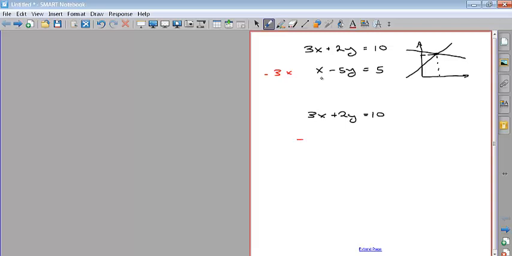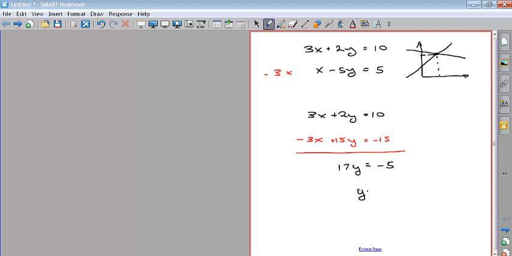So -3 times x would give you -3x. -3 times -15y would give you +15y. And -3 times 5 would give you -15. And then you would add the two equations. So when you add these two, you eliminate that variable, and you'd end up with 17y. 2 plus 15 is 17y is equal to -5.